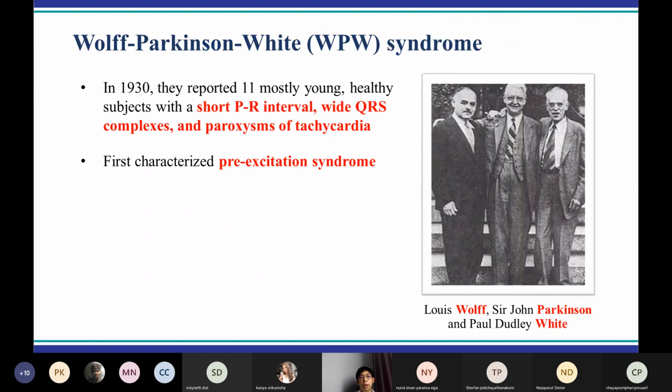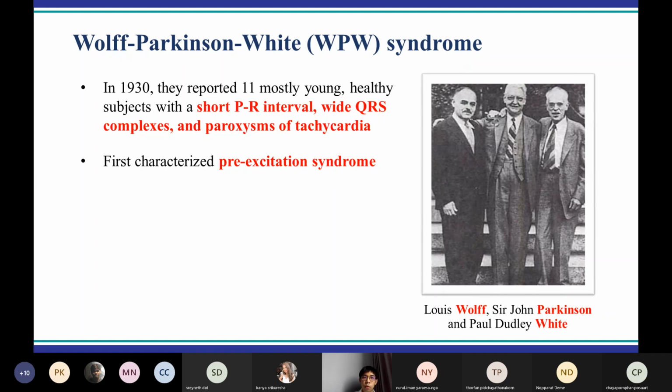And after that, in the year 1930, there was a report from these three doctors, Dr. Wolff, Dr. Parkinson and Dr. White, about the syndrome which mostly occurs in young men and women with a manifest ECG with short PR interval, wide QRS complexes, and paroxysmal tachycardia happening in those young men and women.